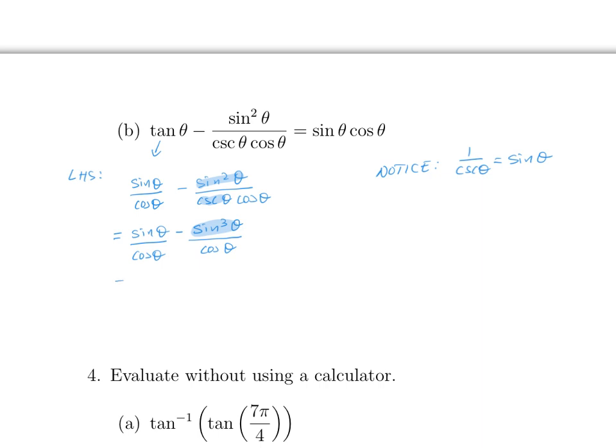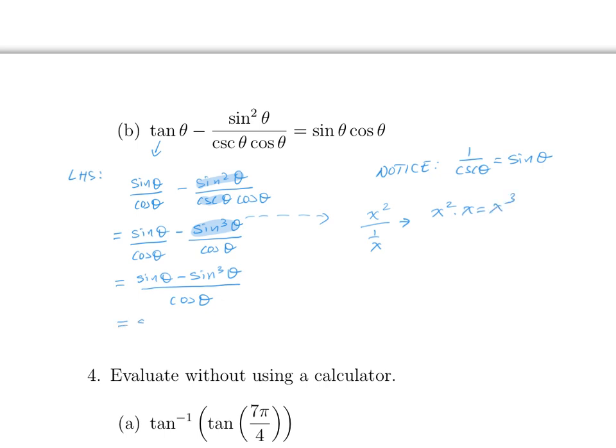So therefore you can simplify this as just sine theta minus sine cubed theta over cosine theta. Okay, so the reason how I got sine cubed, let's say you have x squared divided by 1 over x, and notice this is x squared times x, which will give you x cubed. So that's how you get x cubed.